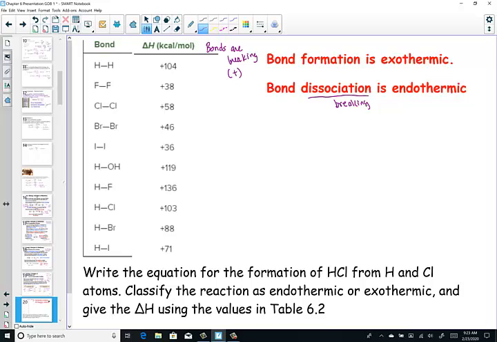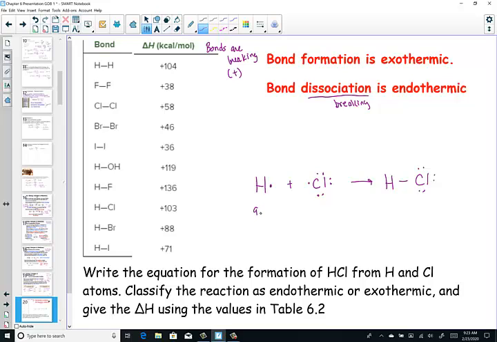So let's practice just reading this chart with this example problem here. It says, write the equation for the formation of HCl from H and Cl atoms. So it's just saying, here's an H, here's a Cl, and it comes together to make HCl.